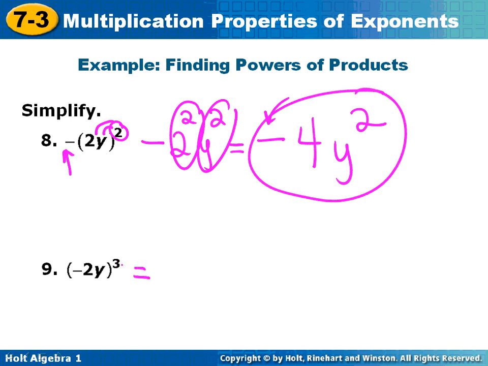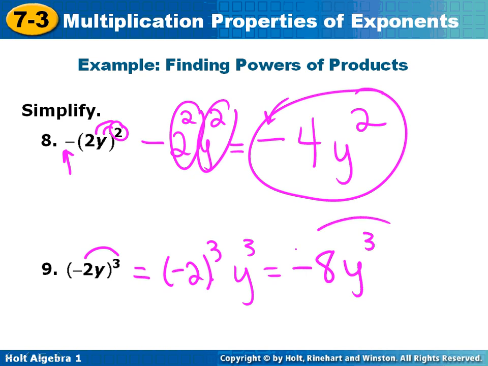All right, let's try number 9. This one is in parentheses. The negative is in the parentheses this time. So that means negative 2 to the 3rd, y to the 3rd. Negative 2 times negative 2 times negative 2 is negative 8, y to the 3rd. Notice I don't have any negative exponents, so these answers are all in the numerator.